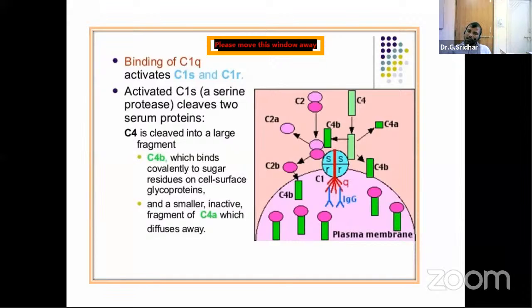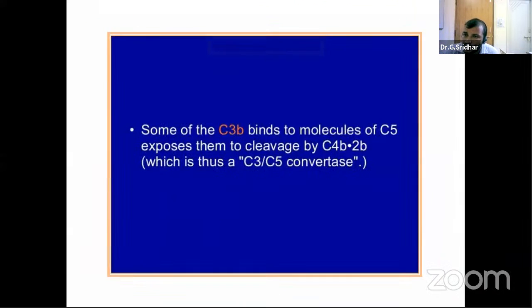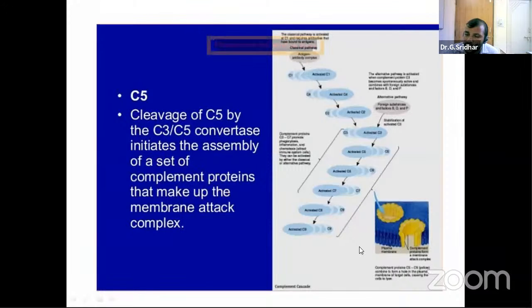After activation, C5 forms C5a and C5b. And this C5b will go and activate C6, C7, C8, and C9 and make a pore-like structure. You can see here, this is a pore-like structure which will bind on the cell membrane and release different types of lytic enzymes and kill the cells. This is how the complement proteins make the membrane attack complex in the classical pathway.